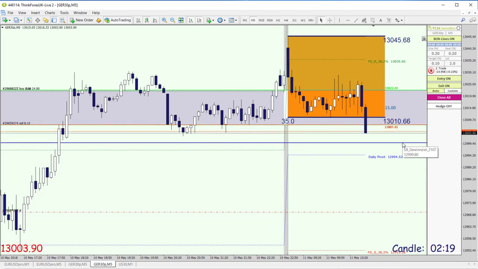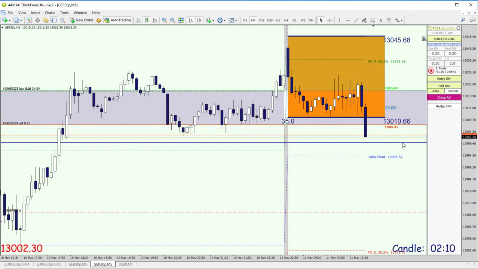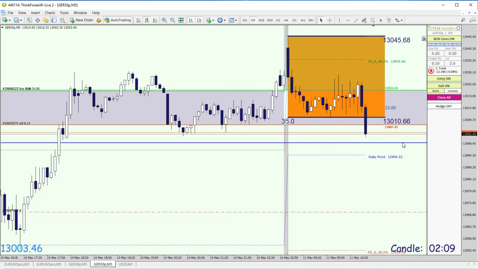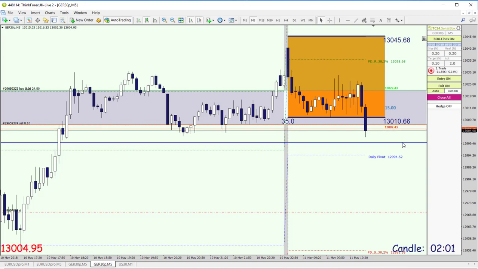So as always, our first long trade is still active, and we have opened a second trade. The second trade is also active, and it's done with a different volume size. So currently 2 trades are open here. Let's see if we get a new low.